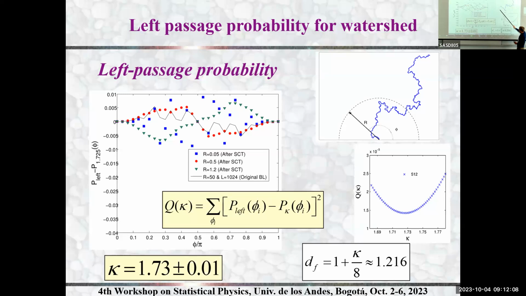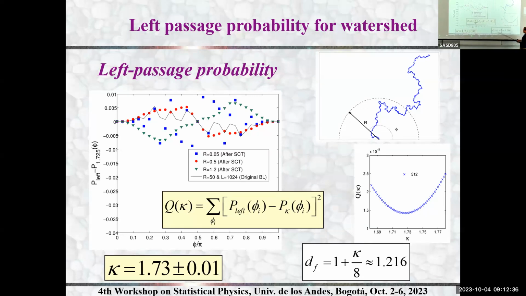Then you ask whether the path is on the left or on the right of this line. The answer will depend on r and on the angle phi. If the angle becomes bigger and bigger, it will be more likely that the path will go out to the right.